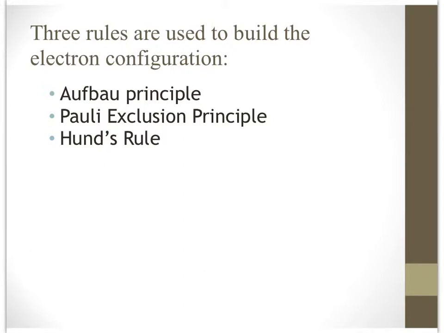But the 3 are the Aufbau principle, the Pauli exclusion principle, named after Wolfgang Pauli, which we saw a little while ago, and then Hund's rule. We'll talk about each of those in turn, what they mean to you as you try to describe the locations of electrons in atoms.